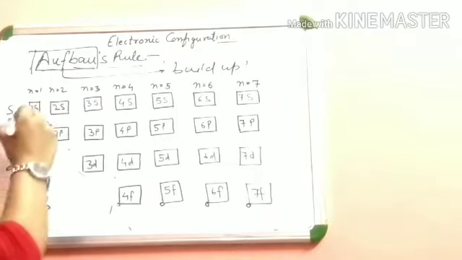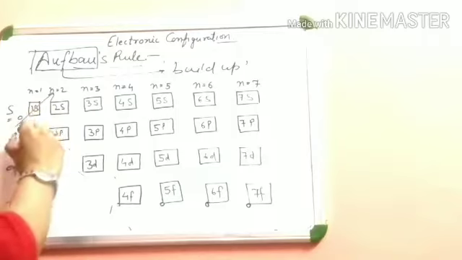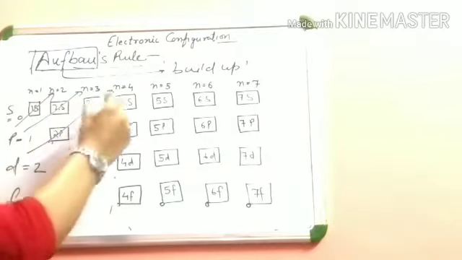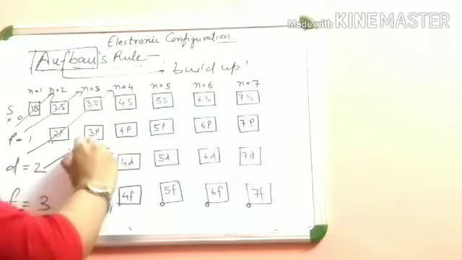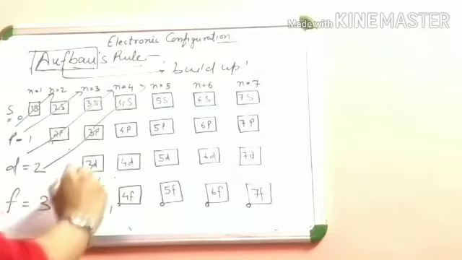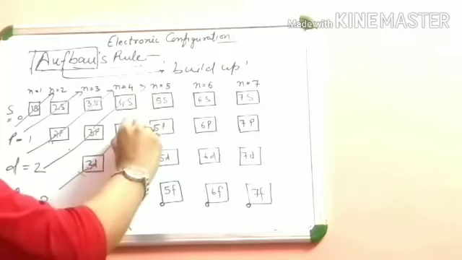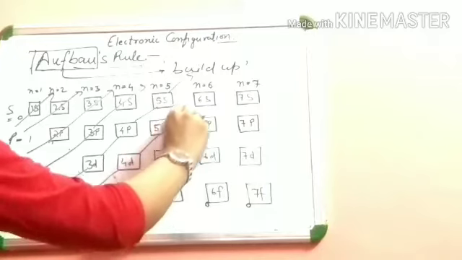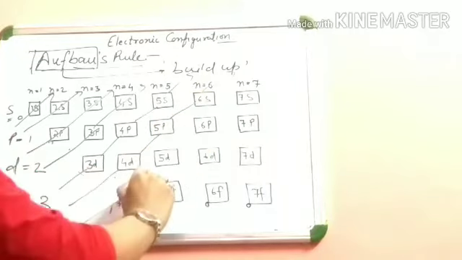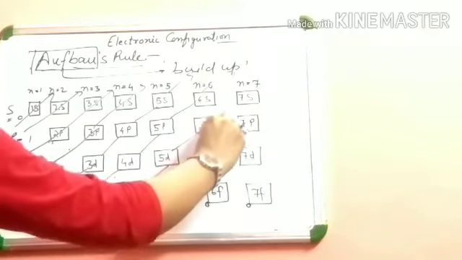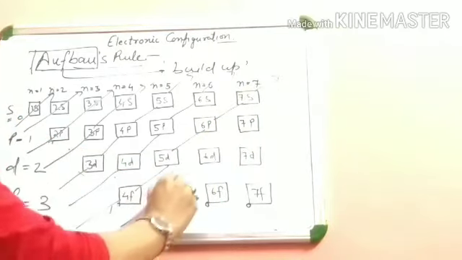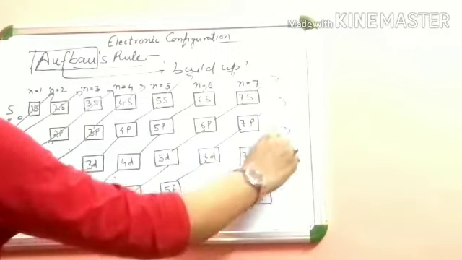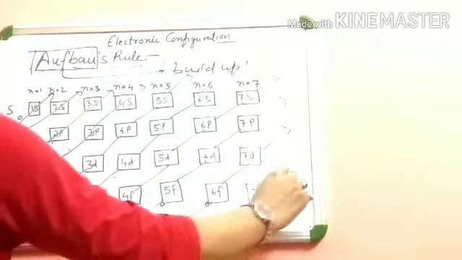First the electron is filled in 1s, then in 2s, then 2p and 3s. After 3s it comes into 3p, then 4s, 3d, 4p, 5s, then 4d, 5p, 6s, 4f, 5d, 6p, 7s, then 5f, 6d, 7p, then 6f, 7d, and at last in 7f.